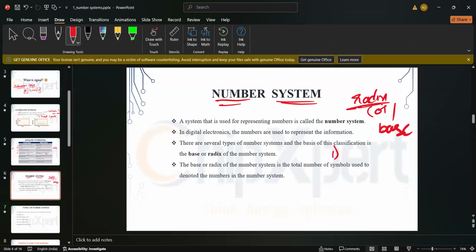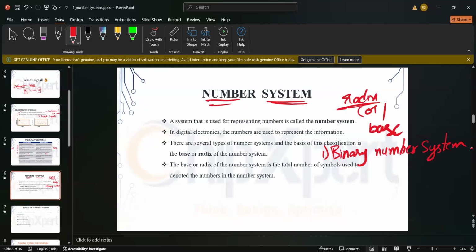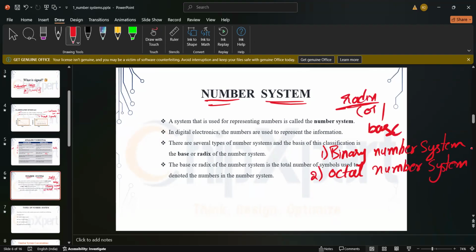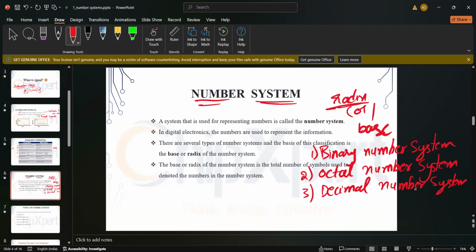One is the binary number system, the second is the octal number system, the third is the decimal number system, and the fourth is the hexadecimal number system.